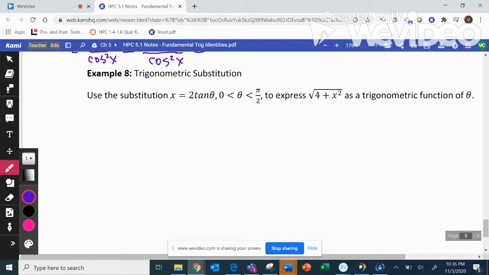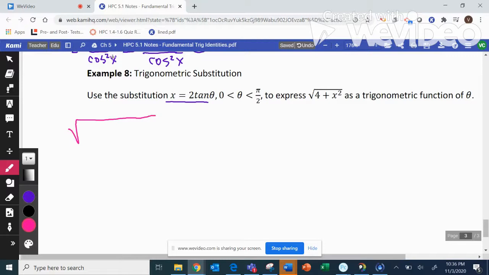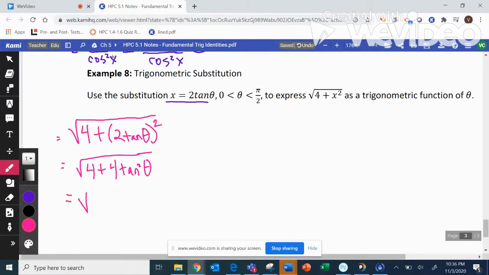So if we let x equal 2 tangent theta, we have square root of 4 plus (2 tangent theta) squared. That's going to give me square root of 4 plus 4 tangent squared theta. I can pull the 4 out by factoring.